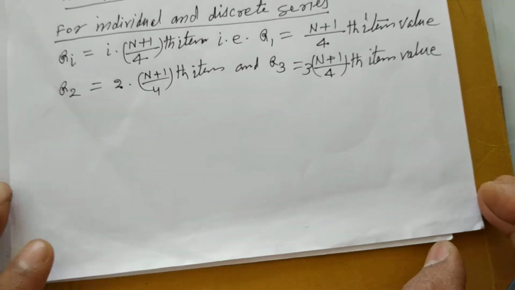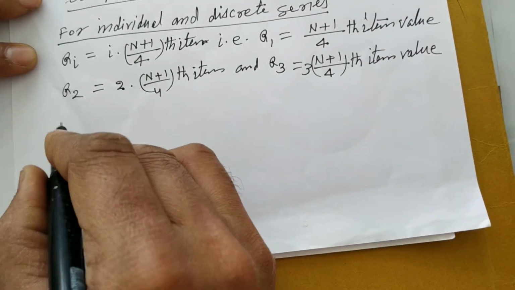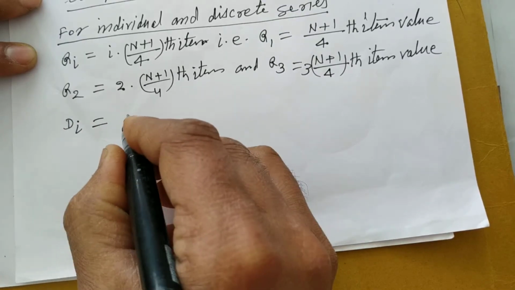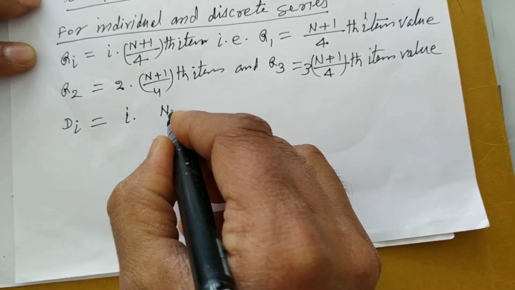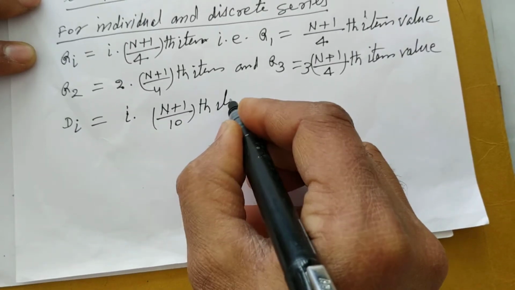Now we define deciles. Deciles are denoted by the general formula Di is equal to i into n plus 1 divided by 10th item value.